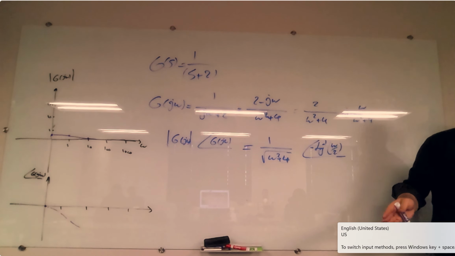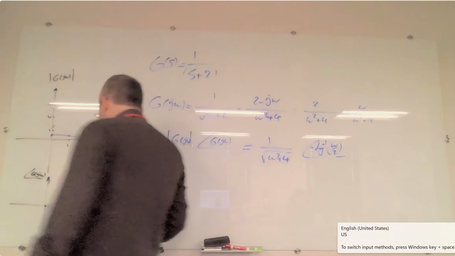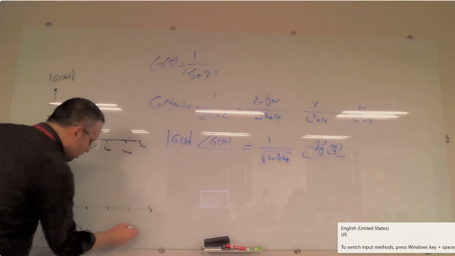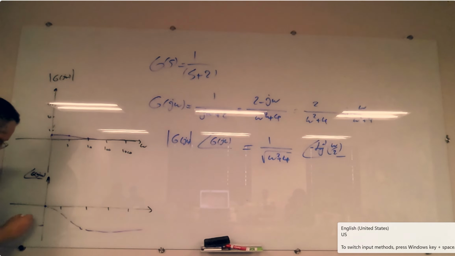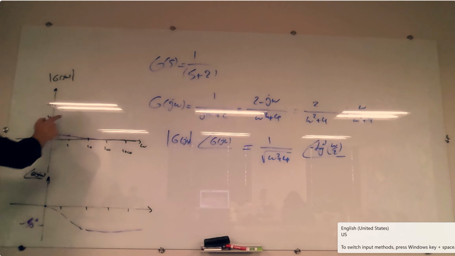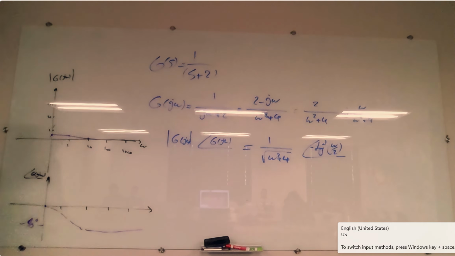Make sense? So at the end, it's going to end up touching the minus 90 degrees. That minus came from that minus in front of the tangent. Does that make sense what I'm talking about? So now I have the representation of my system.